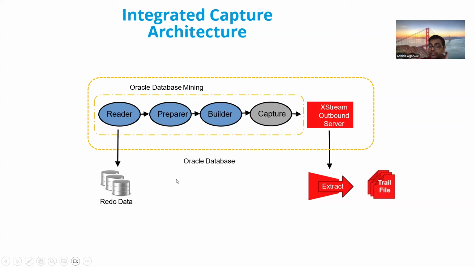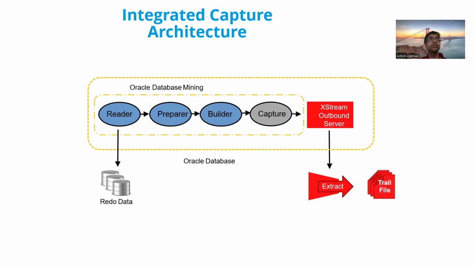The reader process reads the data, preparer prepares the data, builder builds the data, and then the capture process captures the data and sends it to the extract process, which is then written to the local trail file. So internally, integrated extract is very much faster.